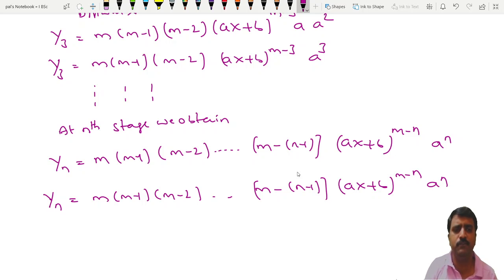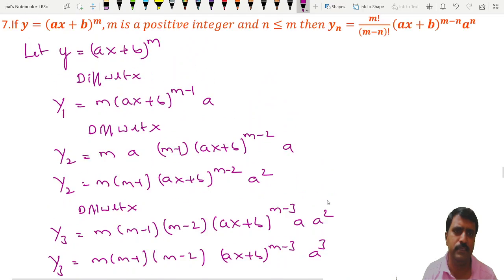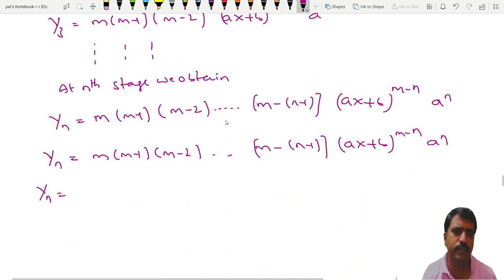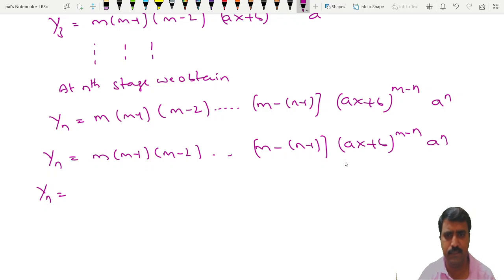Here we have to take one substitution. We have to make some alterations to this yn, because our desired result has m factorial in the numerator. So to get m factorial, I have just written this as m into m minus 1 into m minus 2 and so on, up to m minus n minus 1.